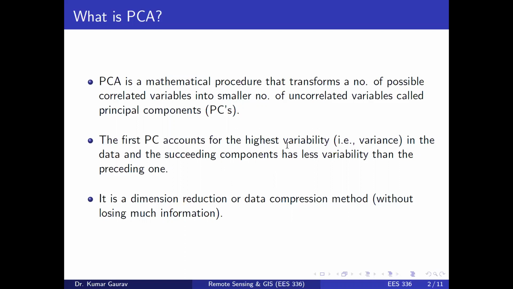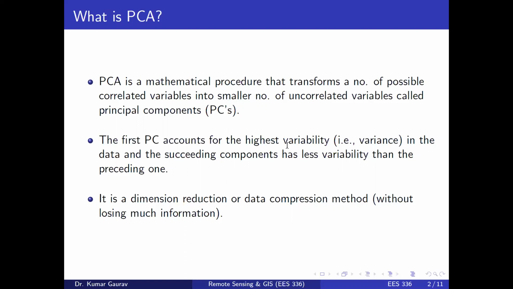So the first principal component accounts for the highest variability, that is, it has the highest variance, and the last principal component will have the least variability, meaning the least variance. So it is a dimension reduction technique and a data compression method. We will see how it can be used as a data compression method.